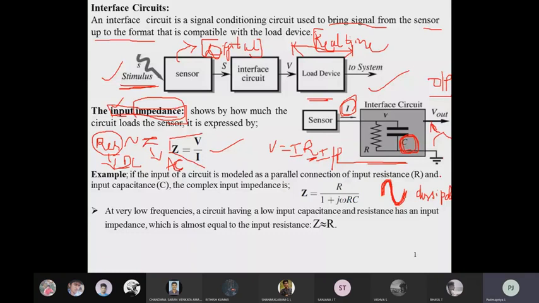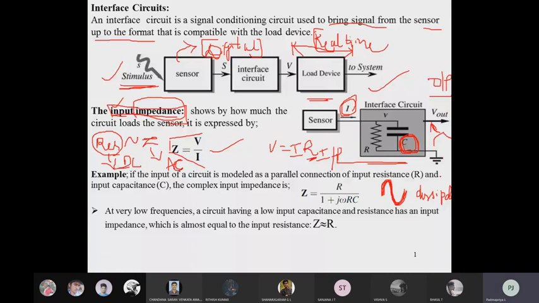The impedance value could be calculated using this formula. It's not a quite complicated formula, it's a simple one.